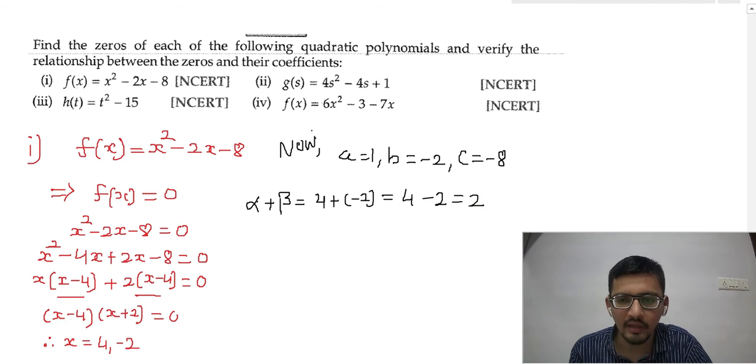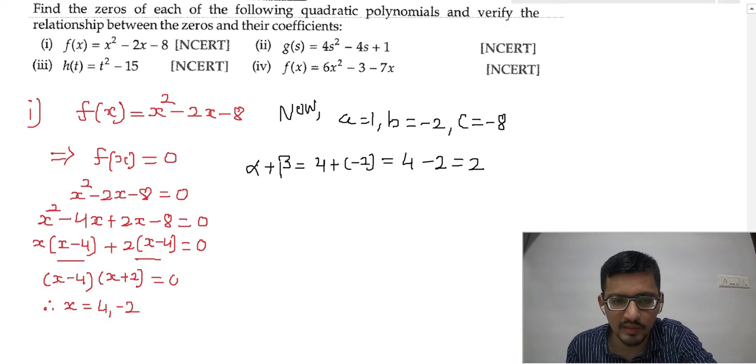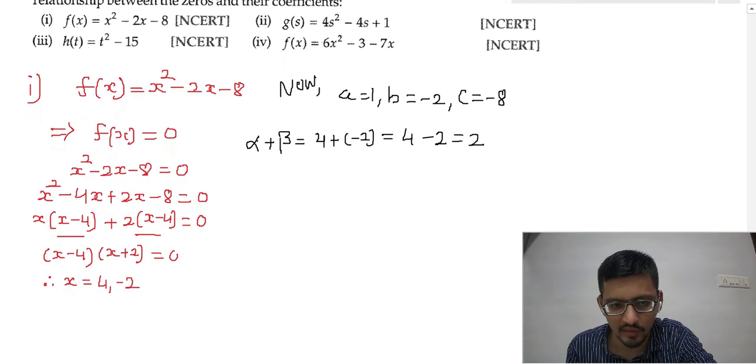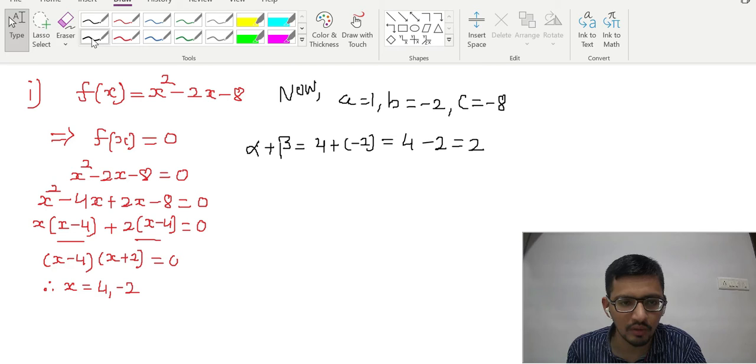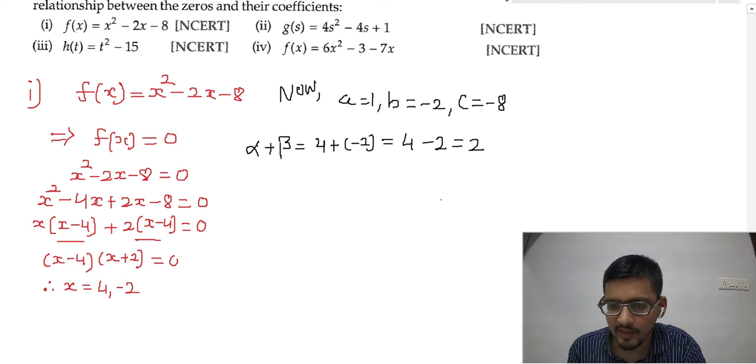Now, what they are telling is to verify the relationship between zeros and their coefficients. The sum of roots we already got as 2, and you have to express this in terms of minus b by a. We know in the formula we need the minus, so I will write minus here, but 2 is what?